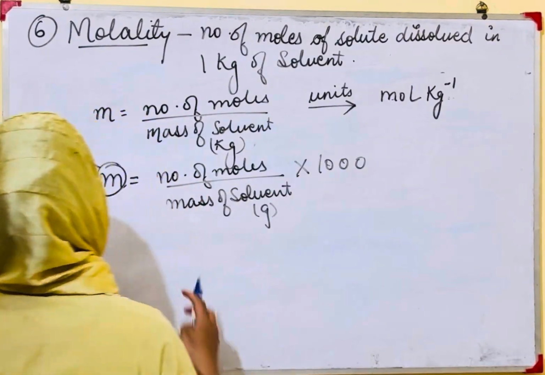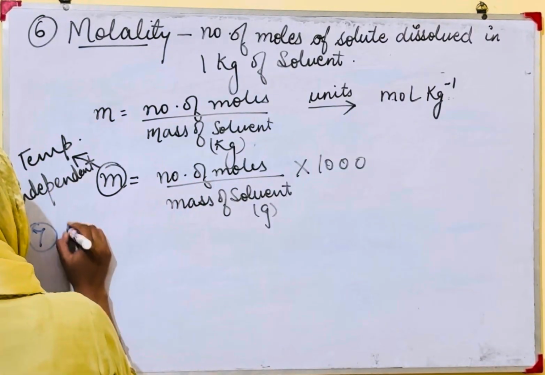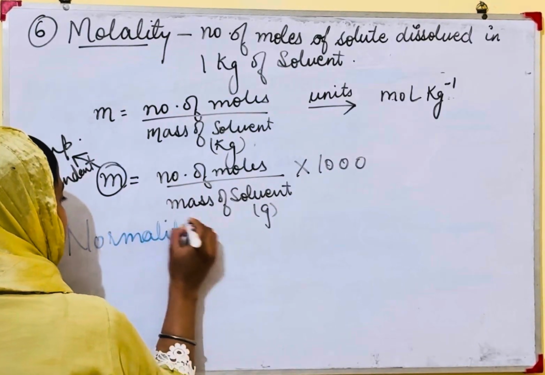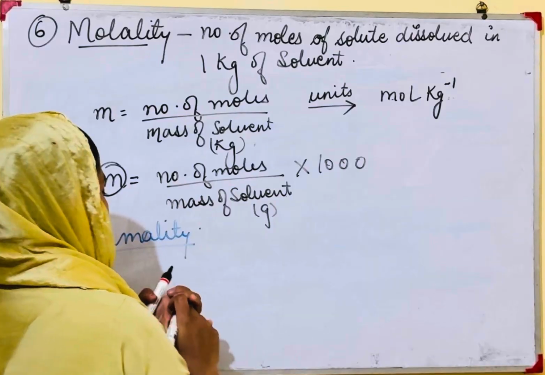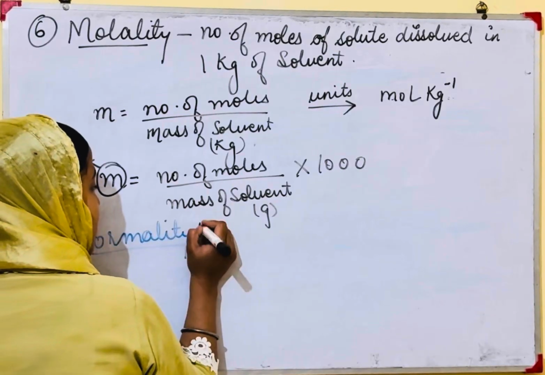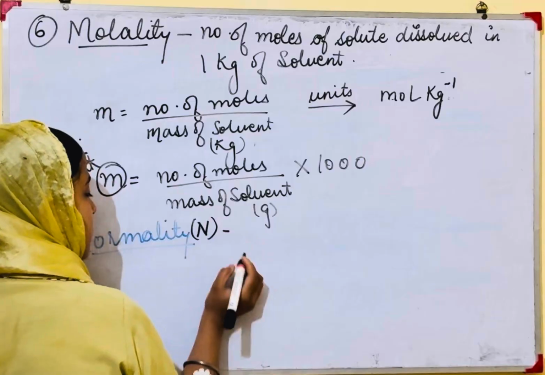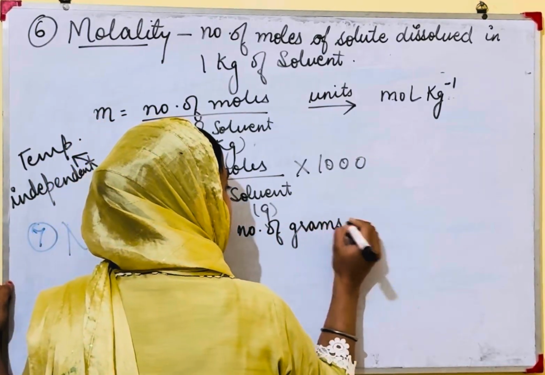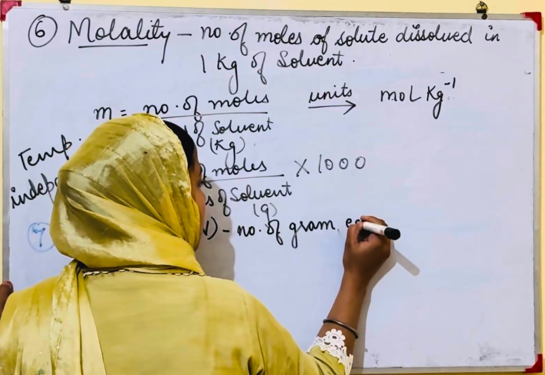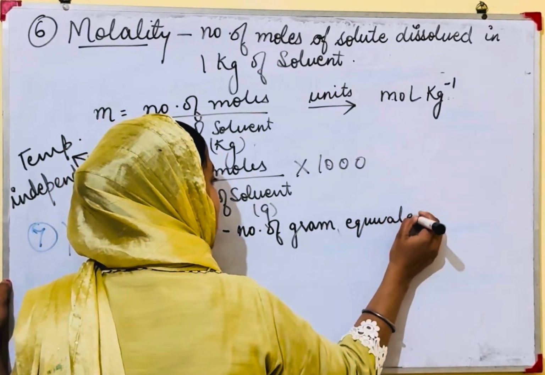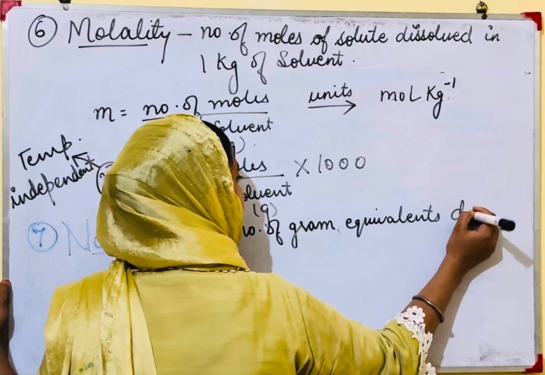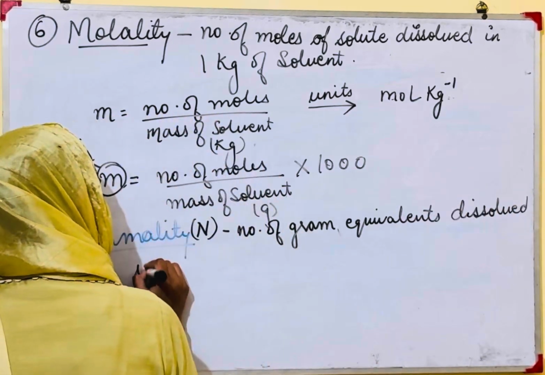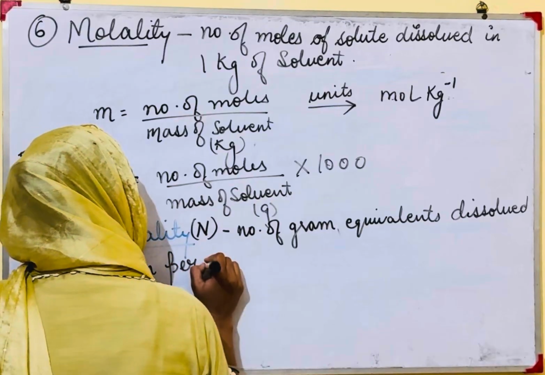Now the next term is normality. In normality, what is the difference? It is represented by capital N. It is the number of gram equivalents dissolved per liter of solution.